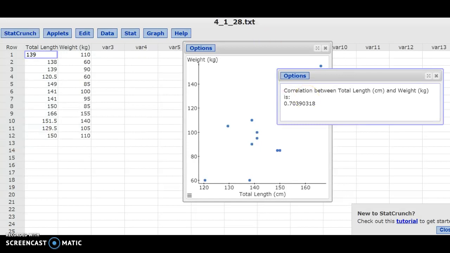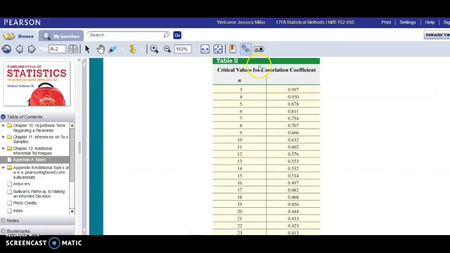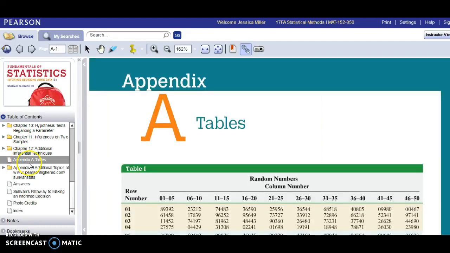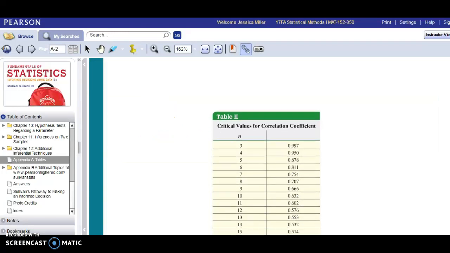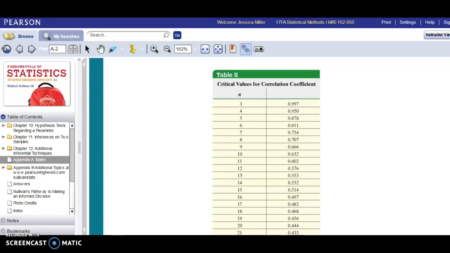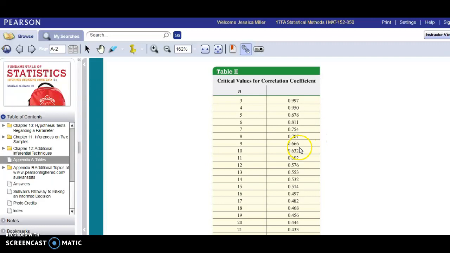Now, in your book, you can access those critical values by going to Appendix A. I would recommend just opening up a new tab, and if you scroll down past the chapters, click on Appendix A, and then it's Table 2. I would just print this out to have handy. And we're looking at an N value of 12.